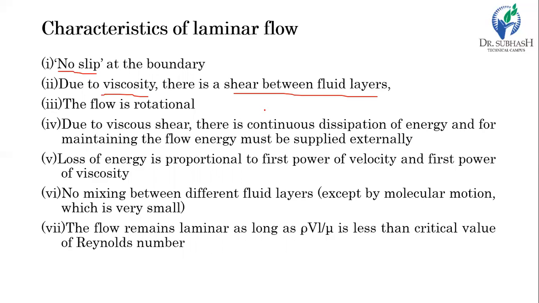The bottom layer, in contact with the boundary, has almost no velocity, and the layer just above it has a little higher velocity. As you move away from the boundary, the velocity rises. There is shear stress between any two fluid layers, and the flow is rotational.